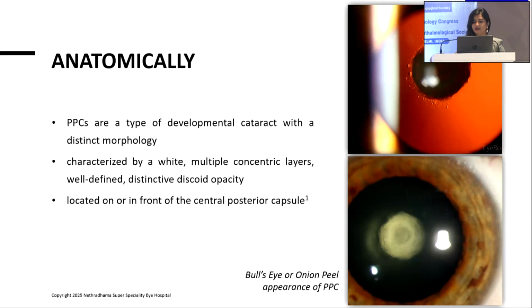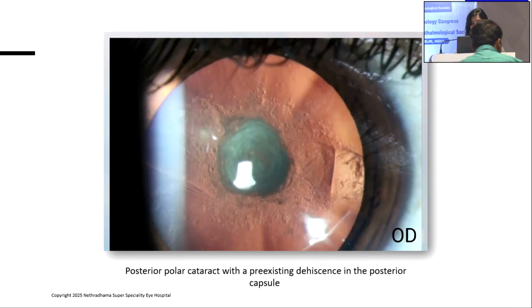We know that they're a type of developmental cataract with a very distinct morphology, characterized by multiple concentric layers with a distinct onion peel appearance or discoid opacity, and this is how you see the posterior polar cataract with a pre-existing dehiscence. You have this particular shape, these two linear lines, when you know that there's a pre-existing dehiscence.